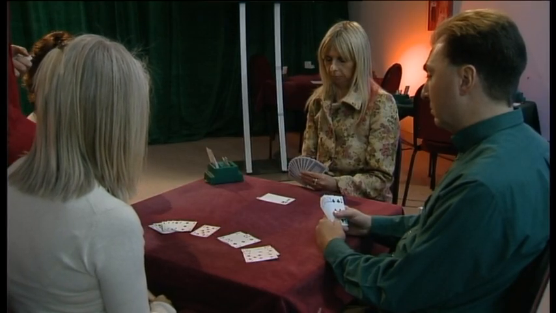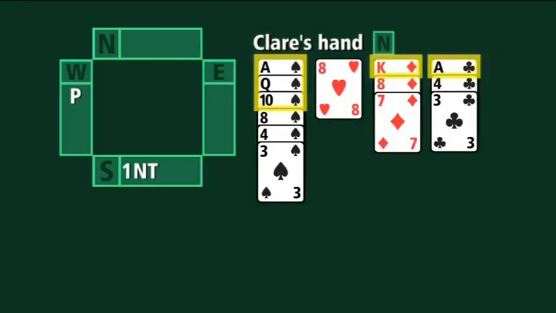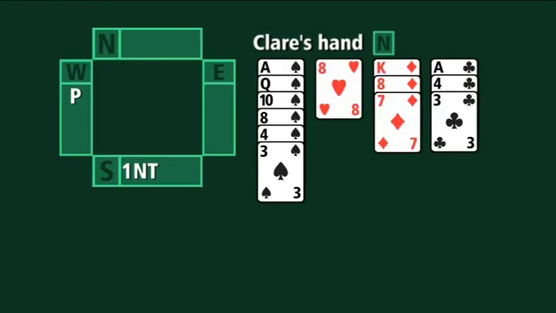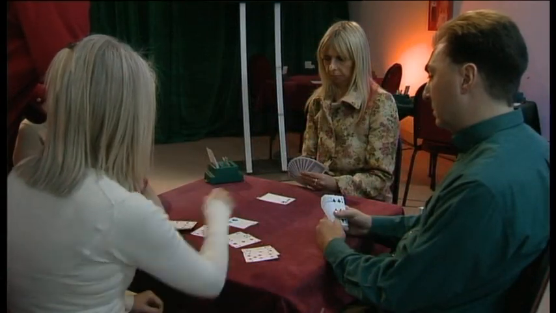And furthermore, holding 13 points in her hand, facing a partner who has advertised at least 12, Claire knows that there are 25 points between the partnership, the values for game. So Claire knows that spades should be trumps, the values for game are present, and so she correctly goes straight to 4 spades. Perfect. Now let's make Claire's hand a little bit weaker.